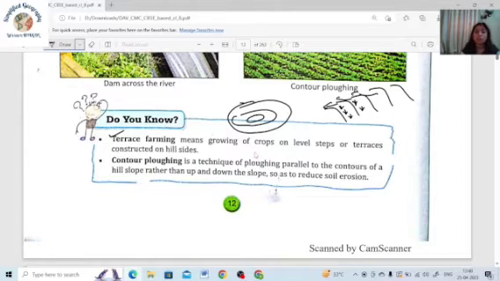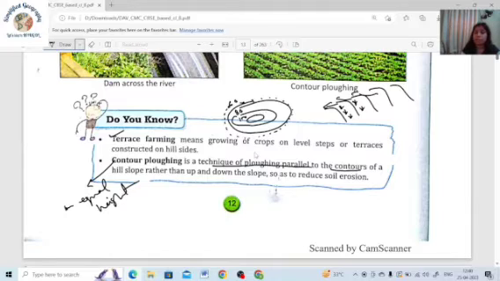And what is contour plowing? It is a technique of plowing parallel to the contours. Now let us come to what contours are. Contours are imaginary lines of equal heights. So if it is 100, 80, or 60 contour, all the places at 60 meters of height are connected by the 60-meter contour.